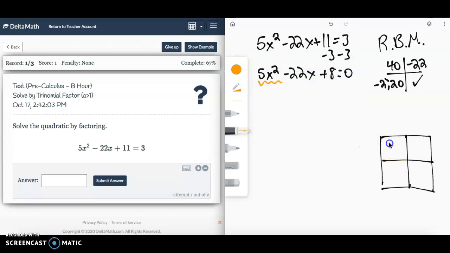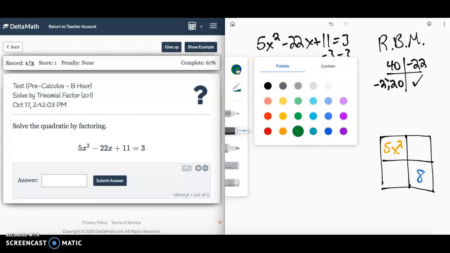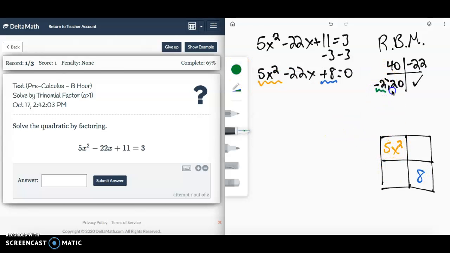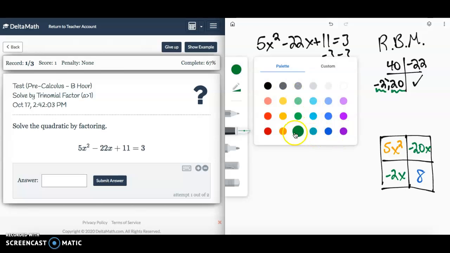All right, so my 5x squared goes up here. Then my constant plus 8 goes down here. My factors with x's go in here. And now I'm going to find some GCFs.